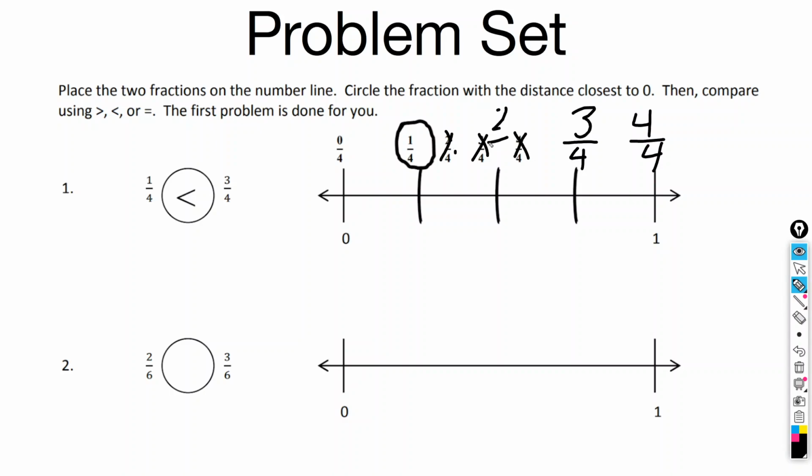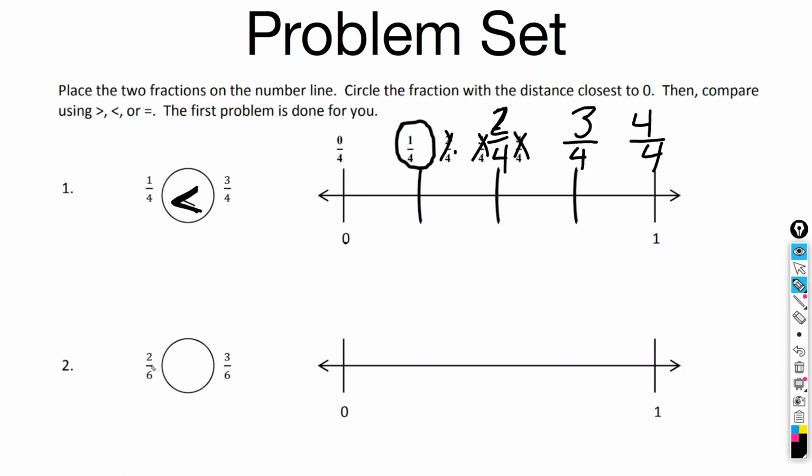And 2/4 should be right here. I don't know if that's something with the printing that lined up wrong or what. But either way, we can still see that 1/4 is closest to 0, so it is the smaller fraction. So 3/4 being the bigger fraction, the alligator opens towards 3/4 because the alligator wants to eat the bigger number.